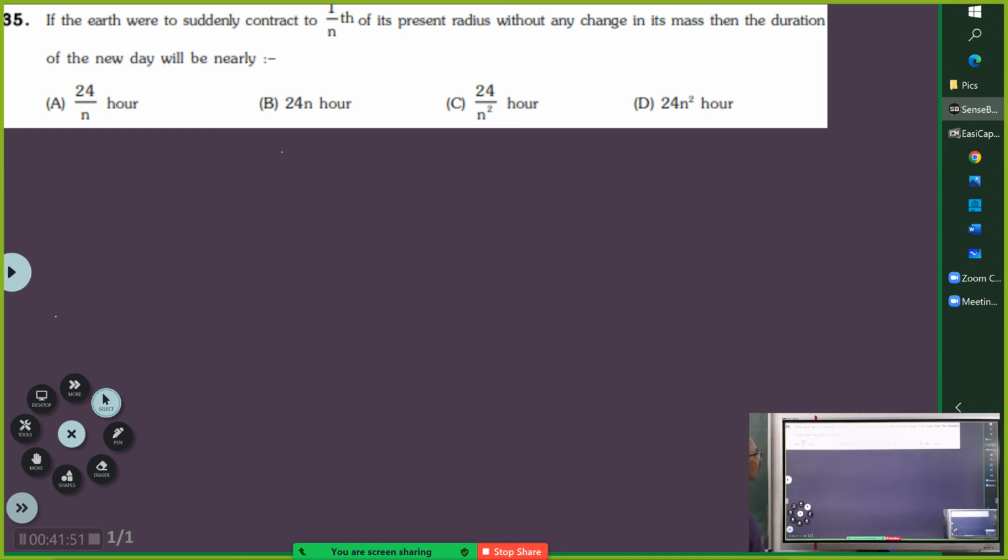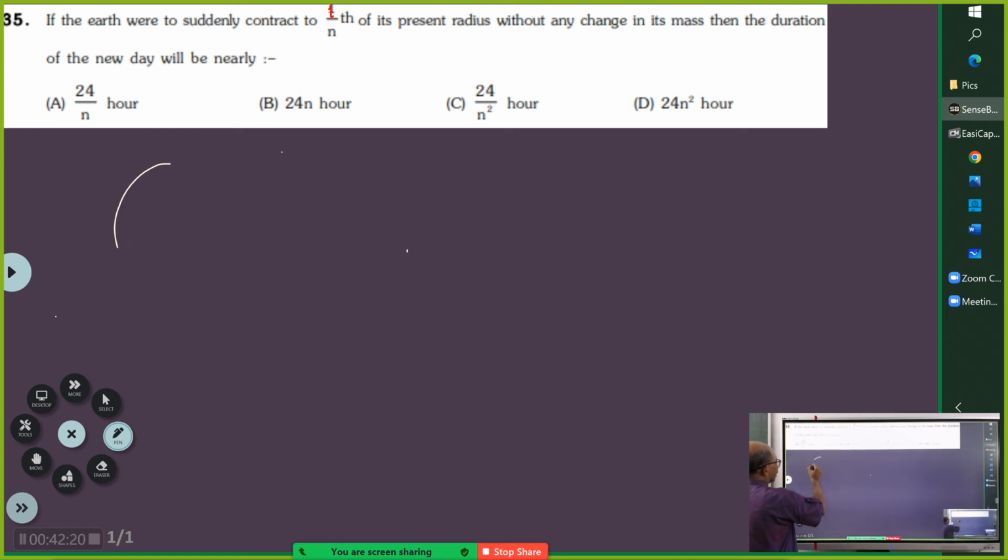If Earth were suddenly to contract to 1/n of its present radius without any change in mass, what is the new length of the day? If you can't comprehend the problem, you draw the Earth.